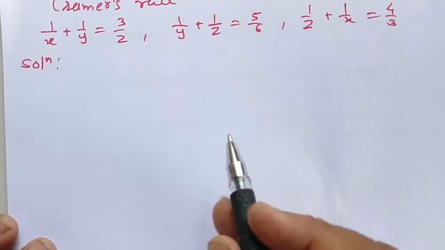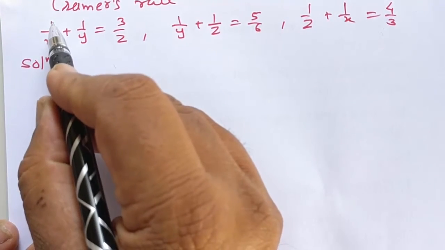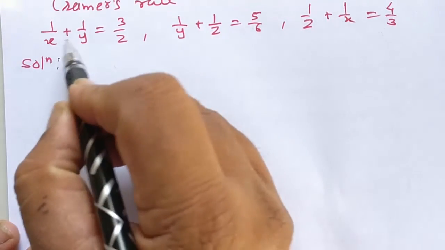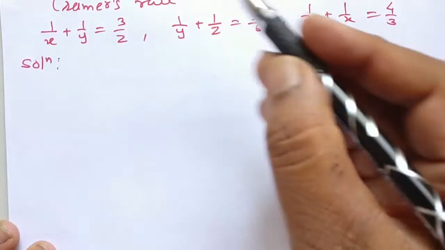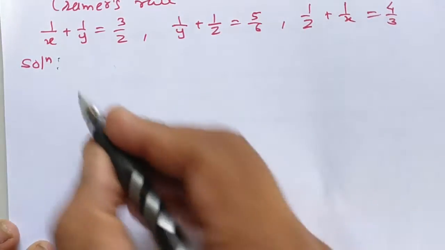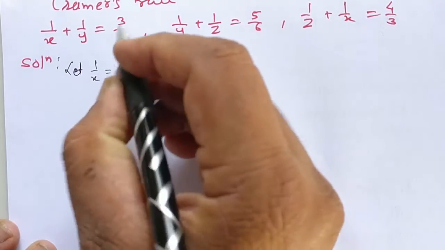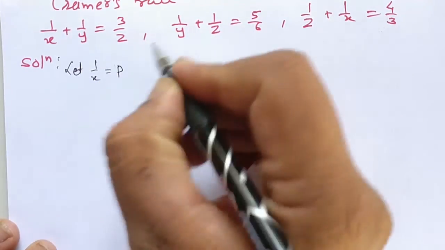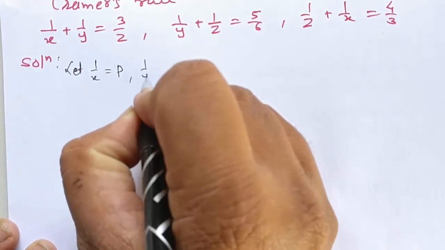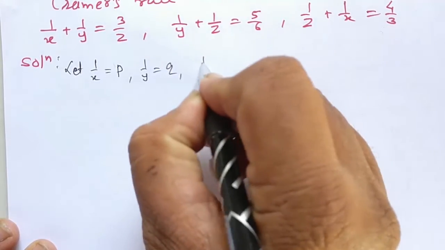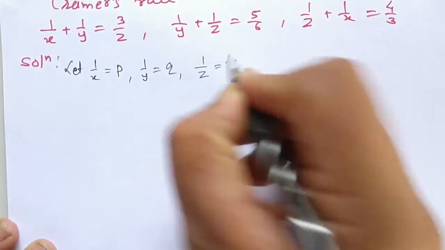Solution. We take 1 upon x is equal to p, 1 upon y is equal to q, 1 upon z is equal to r.